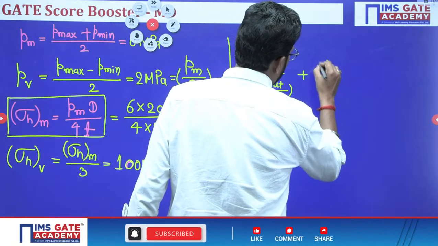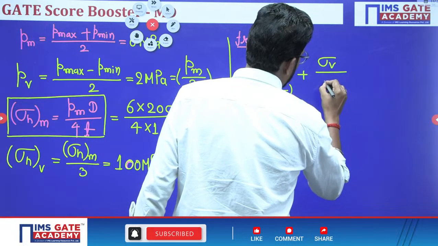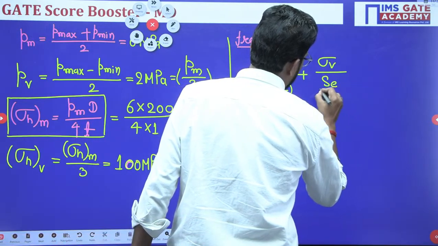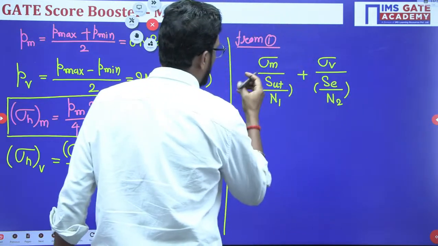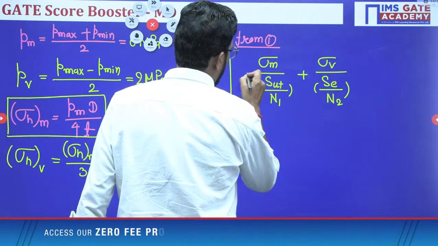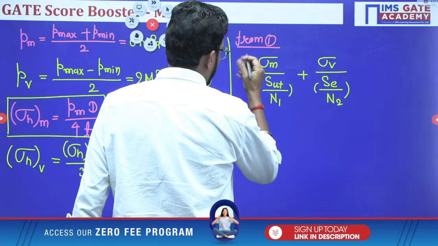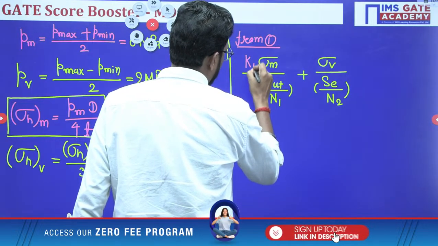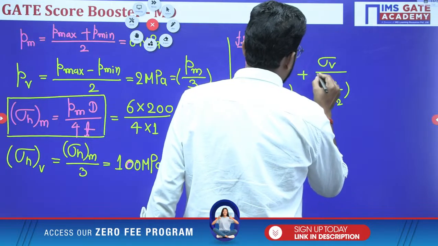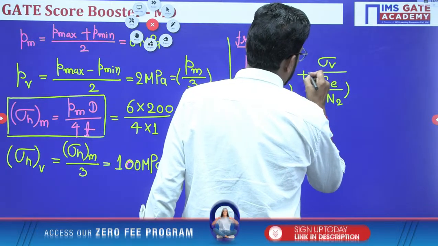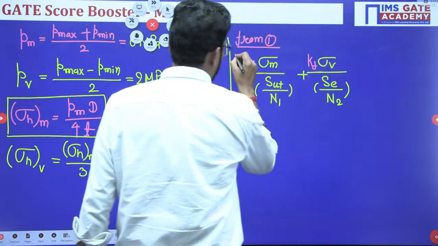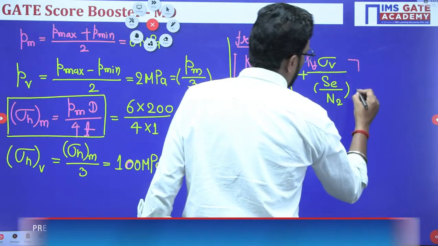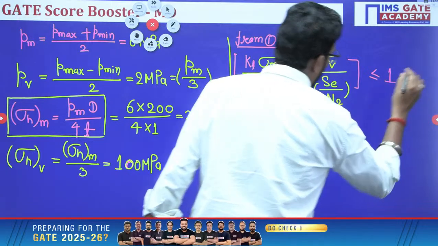Plus sigma v, the endurance strength, divided by n2. Here we have to multiply Kt, and here we will multiply Kf, less than or equal to 1.